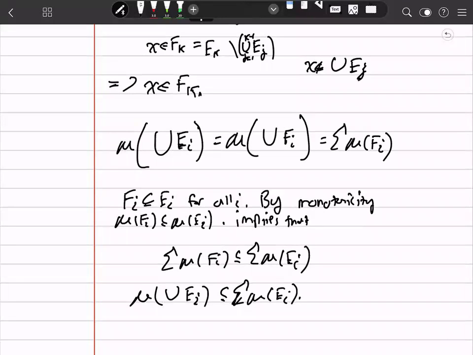So that's good. We've proved countable subadditivity.